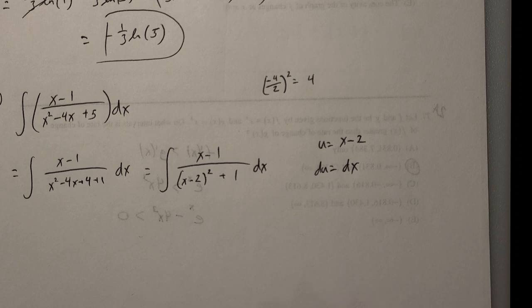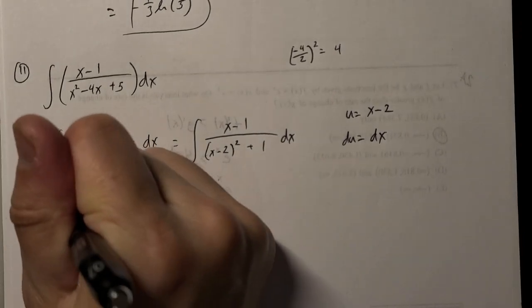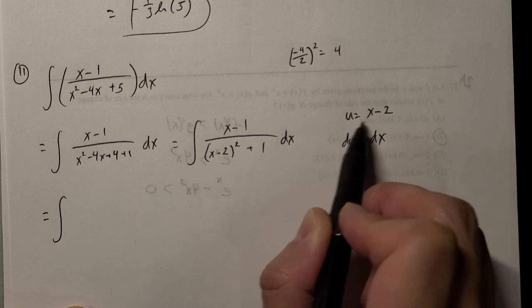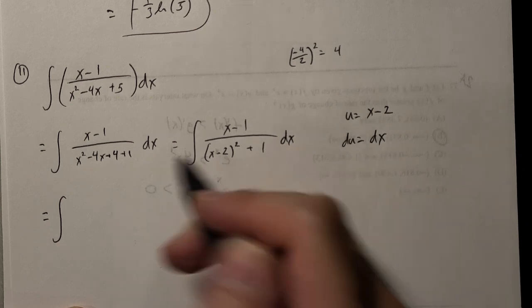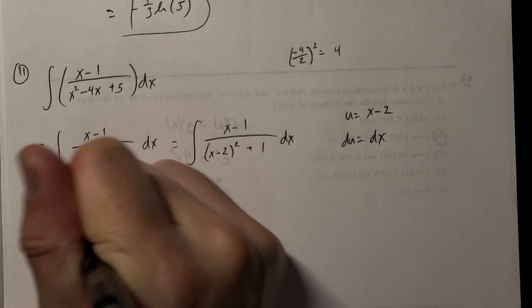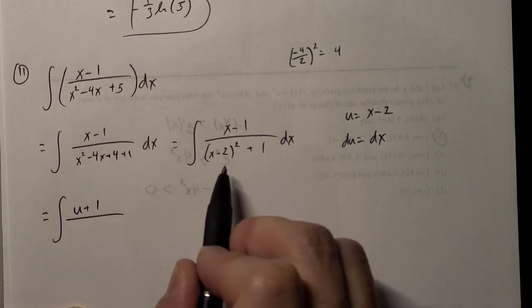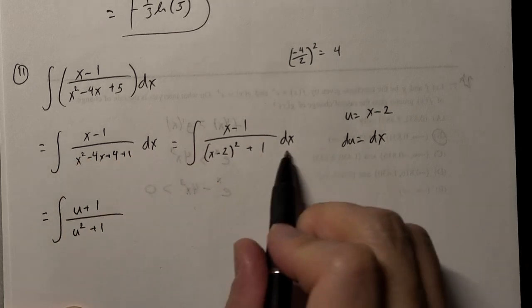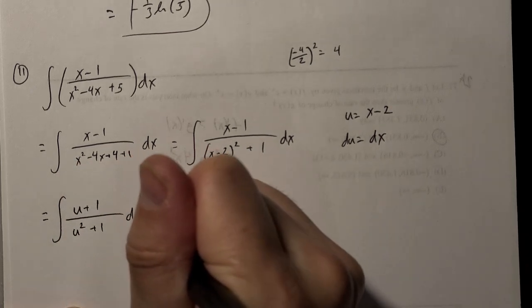As simple as that. Okay, so when we substitute, well, we have x minus 1 here. How do we get x minus 1 from our definition here? That's just u plus 1. Now this is just u squared, and then we still have the plus 1. dx is just du.